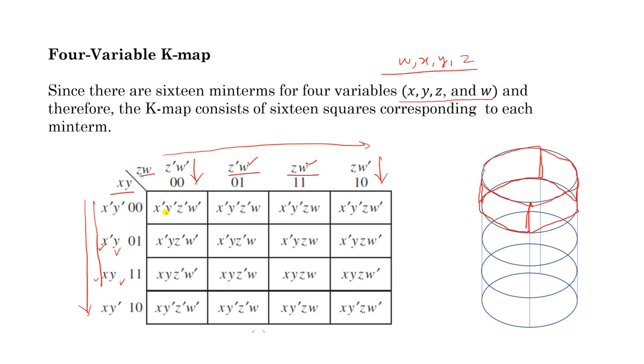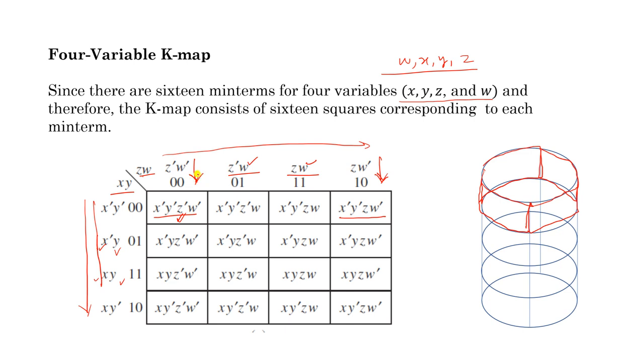Look at this. If you see these two terms, then you will find that x, z, y dash and w dash, these literals are the same, only the third literal is different. So basically you have to assume that this rectangle is framed on a circular cylindrical surface, so that the last column is adjacent to the first column.